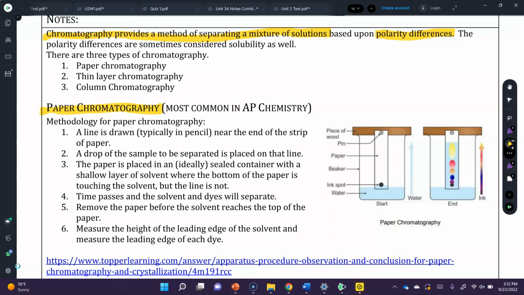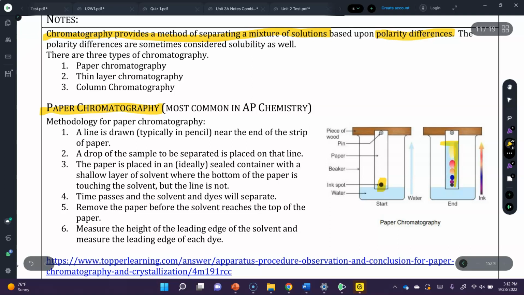In general, a line is drawn, usually with a pencil because it does not move along the paper, near the end of the strip. A sample is placed on it, and then it is placed into a solvent and sealed. The solvent then climbs up the chromatography paper and separates out the colors of the dyes in the sample.